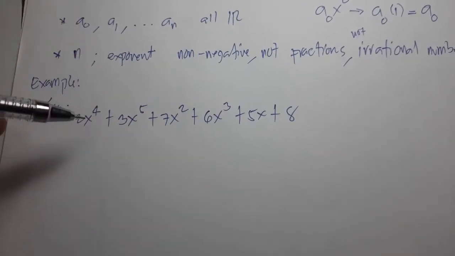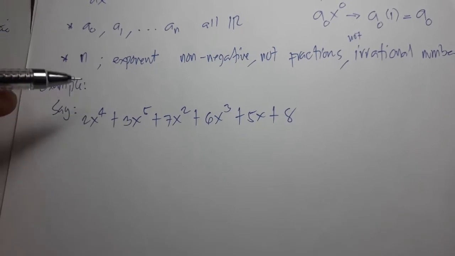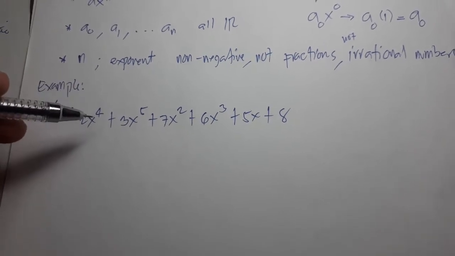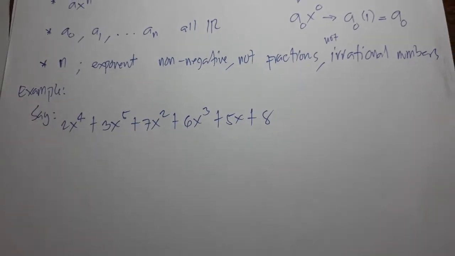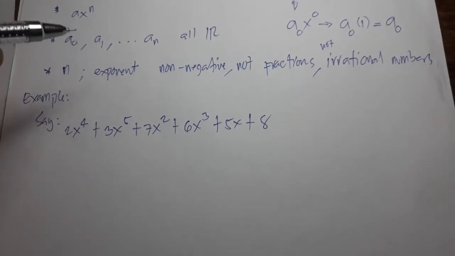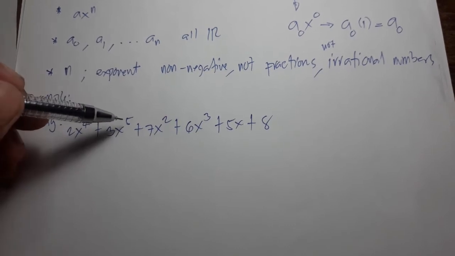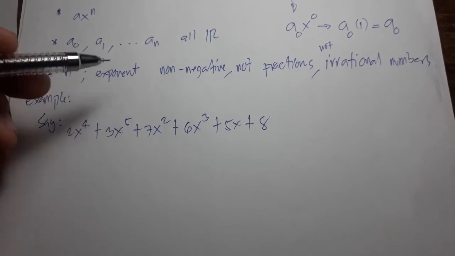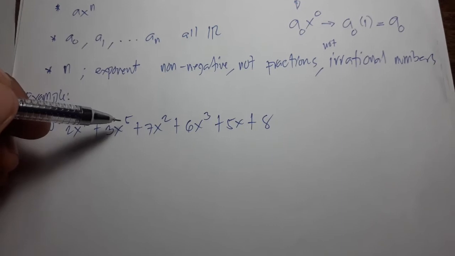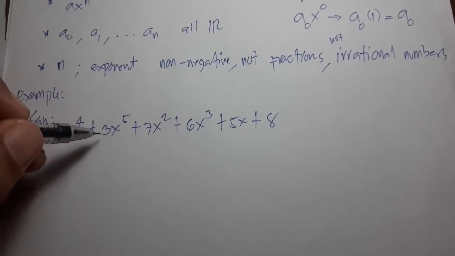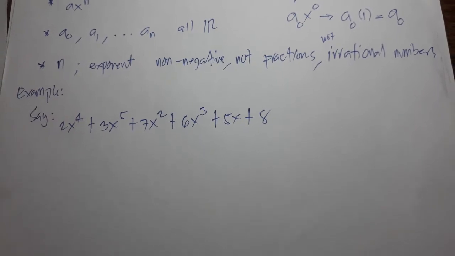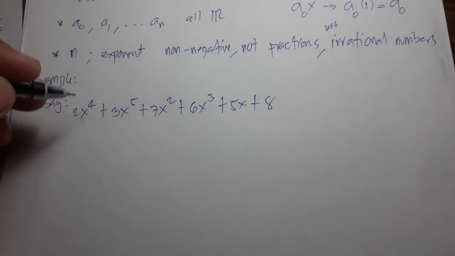So to make our polynomial in standard form, we will write that in descending manner. We will look for the power of x values, the exponents. In this case, the highest is 5. So we will write this term first.